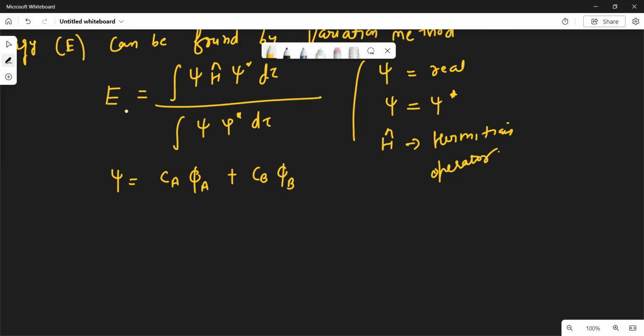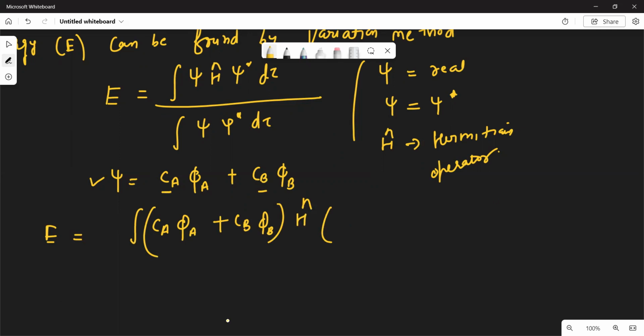We know the variation principle: first we select the trial wave function, which we have already selected. Second, we find the variation in energy with respect to the coefficients and put that equal to 0. So first we will find the energy expression by substituting psi, which is Ca psi A plus Cb psi B, into the Hamiltonian.